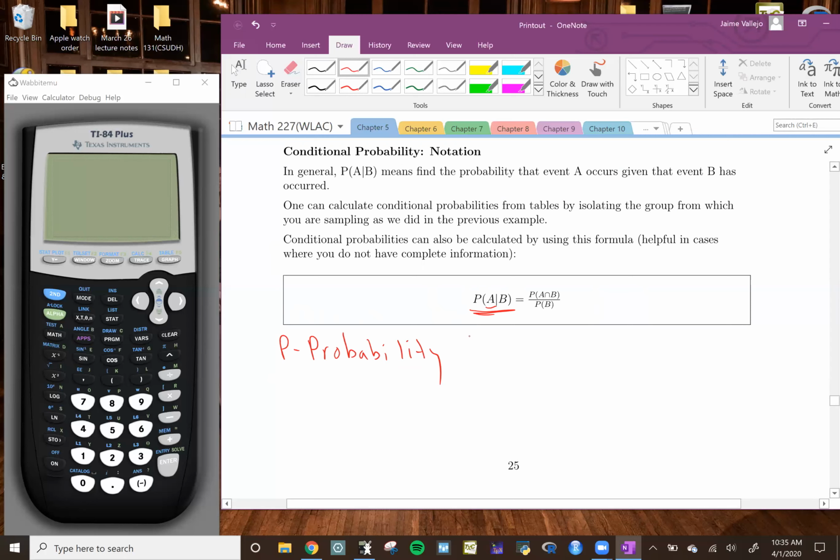And then if you look right here, it says probability of A. And then the vertical line right here means "given that" B has already happened.